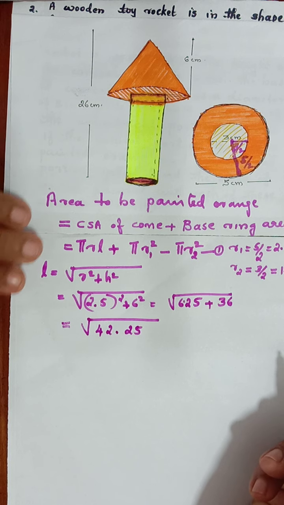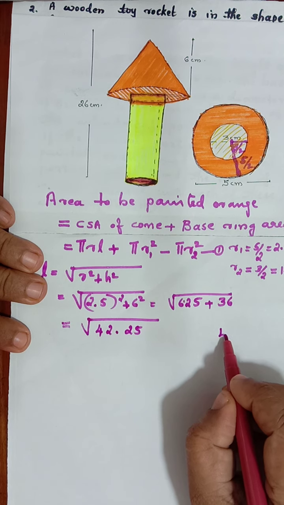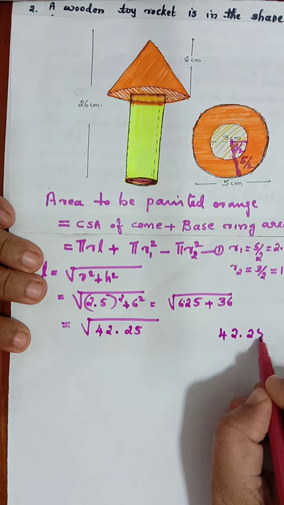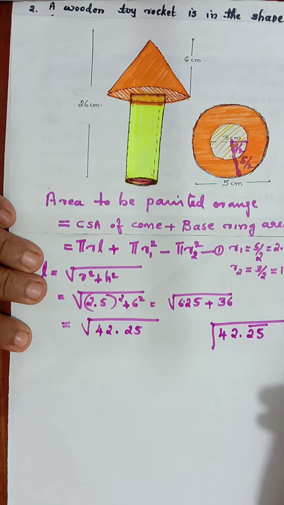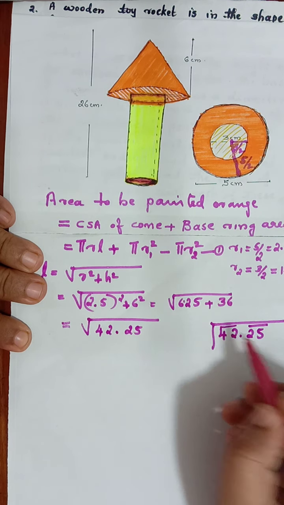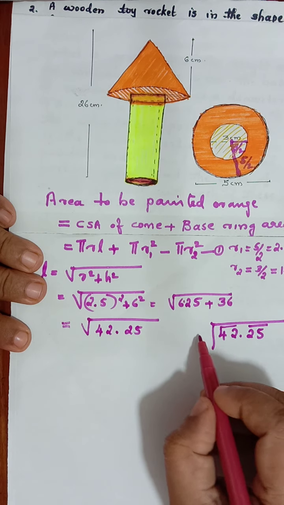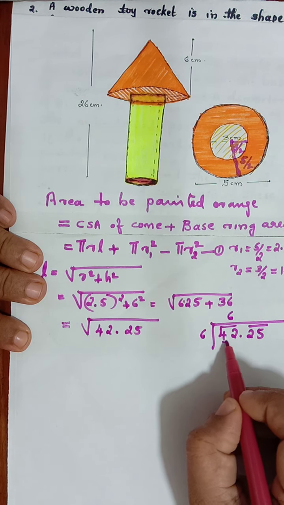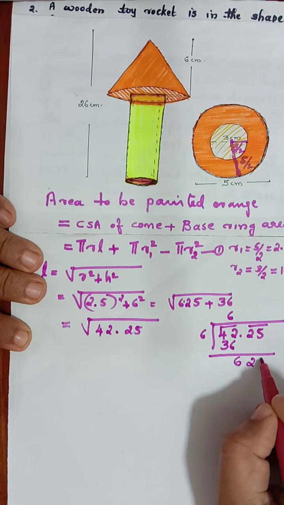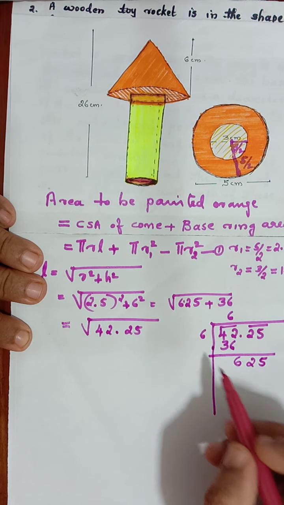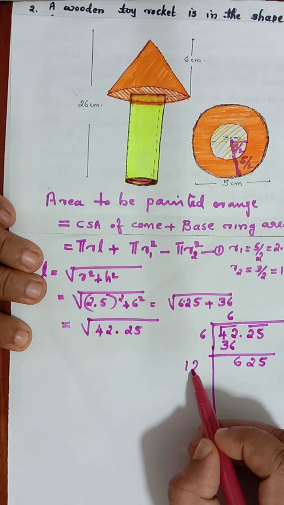42.25. Let us find out the square root of this. How do we get the square root? Many times I told you how to do it. After the decimal, 2 in a group. Before the decimal also 2 in a group. So which number comes here? 6 sixes are 36. Subtract now. We are getting 6. Bring down 2, 5. Extend it. 6 into 2 is 12.